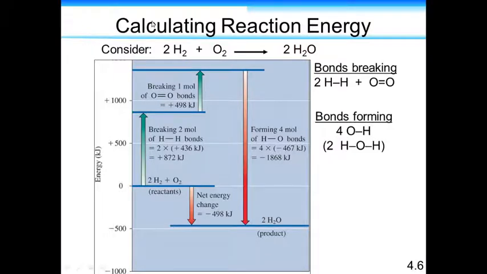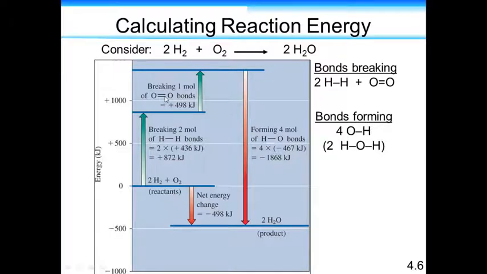Just like the molecular view of methane we did earlier, in order to form new bonds to one another, first you need to break the bonds of hydrogen. In the balanced equation, there are 2 molecules of hydrogen for every 1 of oxygen. So if the hydrogen-hydrogen bond is 436 kilojoules, we multiply that by 2 for each of the hydrogen bonds.